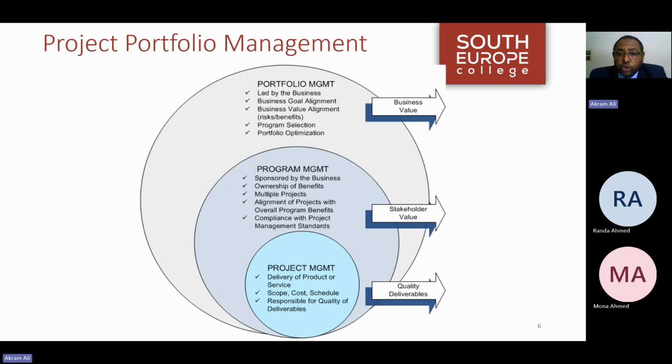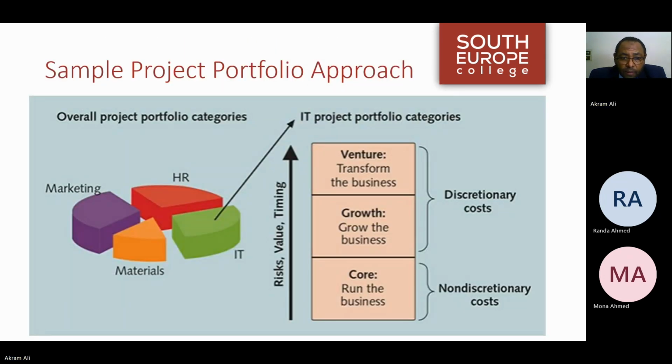So organizations group and manage projects and programs as a portfolio of investments that contribute to the entire enterprise's success. This image illustrates one approach for project portfolio management in which one large portfolio exists for the entire organization.